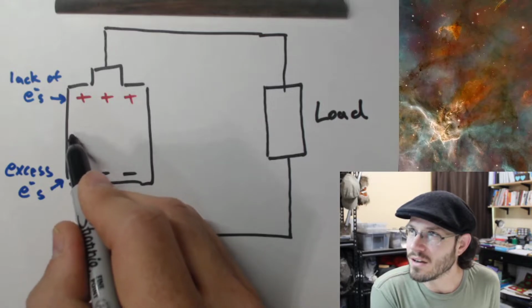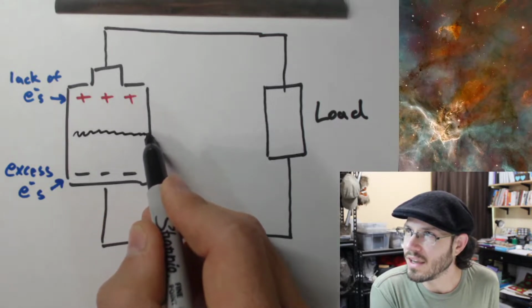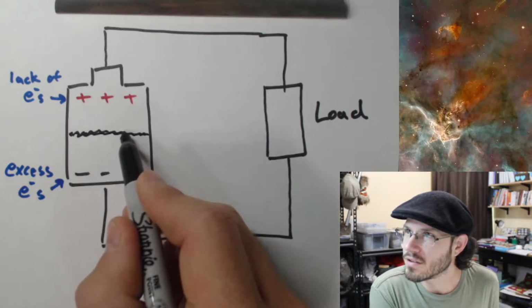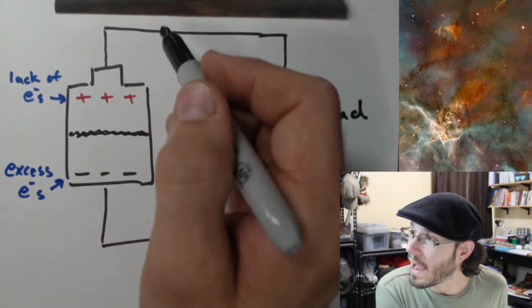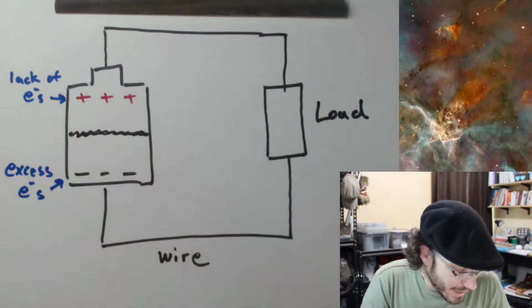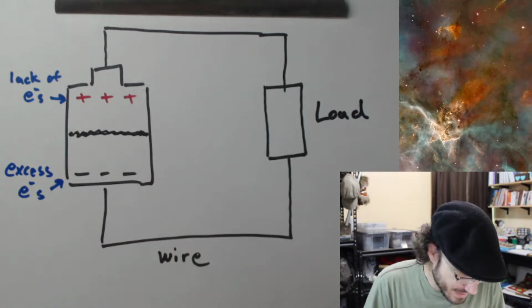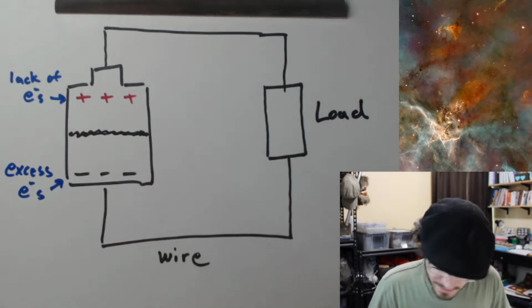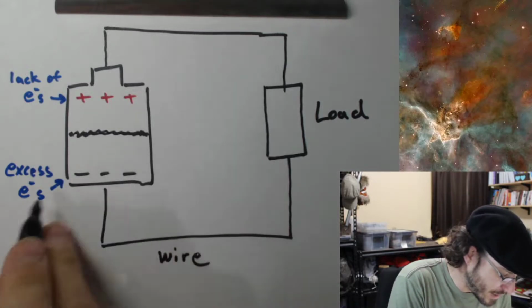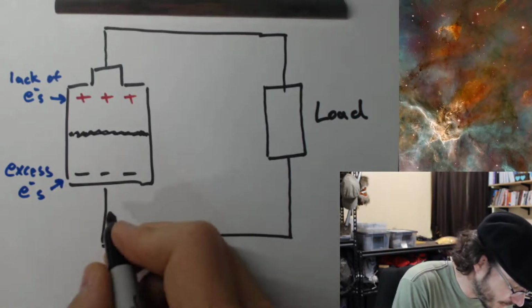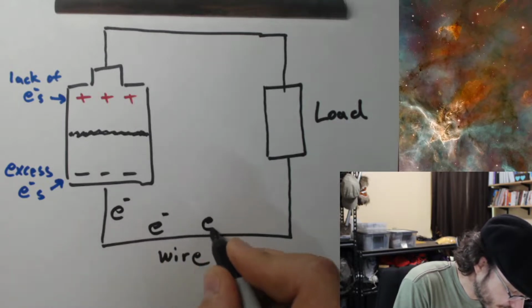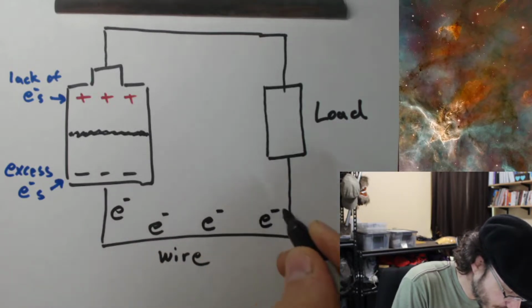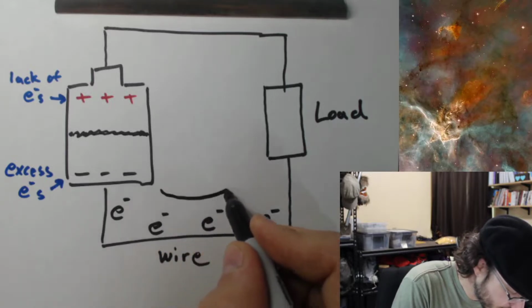Now, they can't do it internally in the battery for some reasons that I'm not going to get into. They have to take the long way around, okay? So we're going to draw E's for electrons.